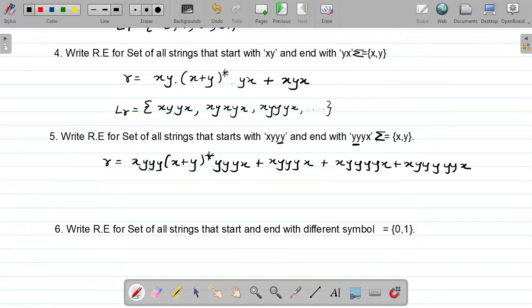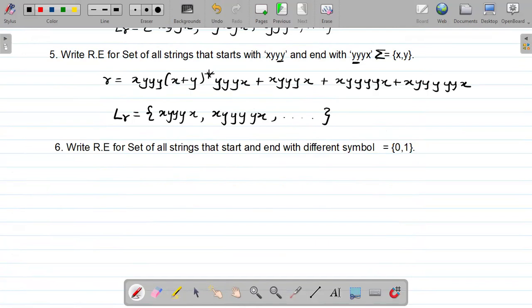So these also we will have to consider, and based on that, we will get the strings that could be generated. So we can have x triple y x, x four times y x, and so on. So many more strings could be present. So we need to be careful with such types of questions.